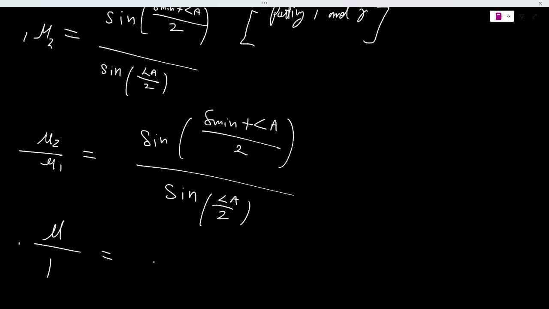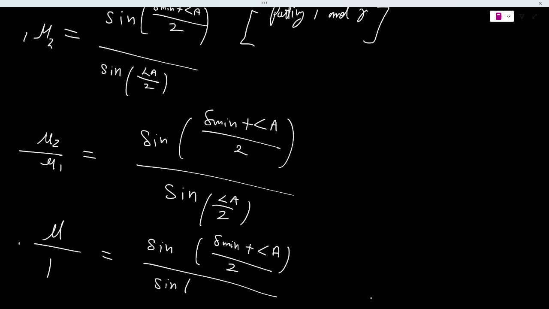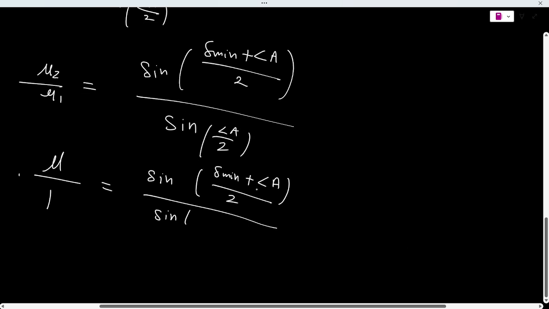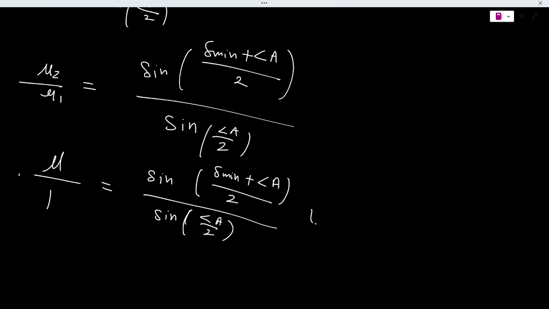Now we got this relation. This is the relation between the refractive index of the glass and the minimum deviation of the prism. This is the final expression, the relation between the minimum deviation and the refractive index of the prism.